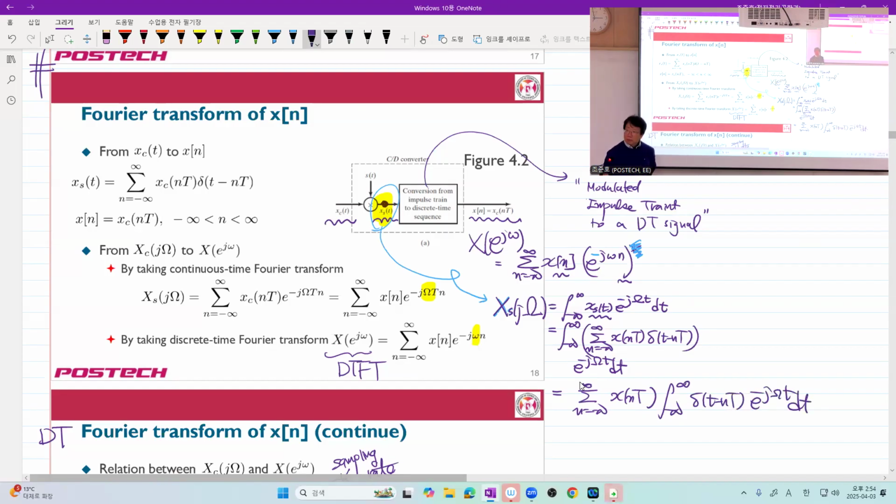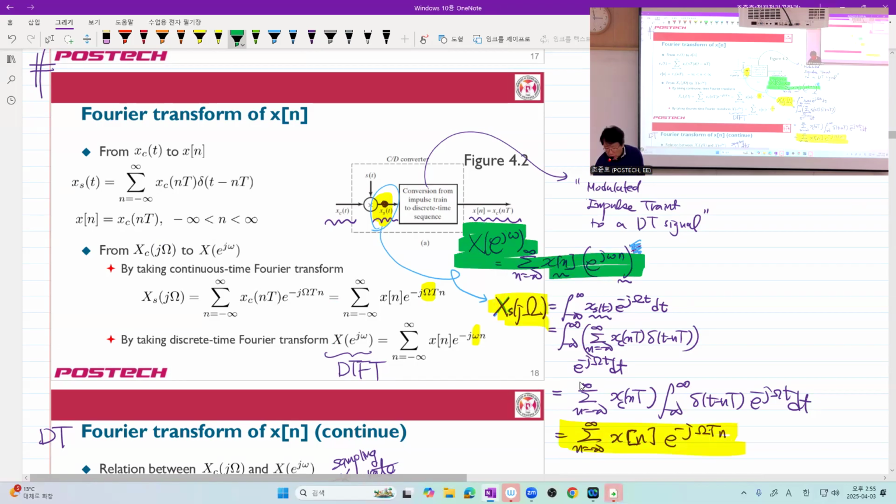Am I right? Now, we eventually have something amazing. What is this one? Let's compare this one with that one, and we want to rewrite this one using this one.